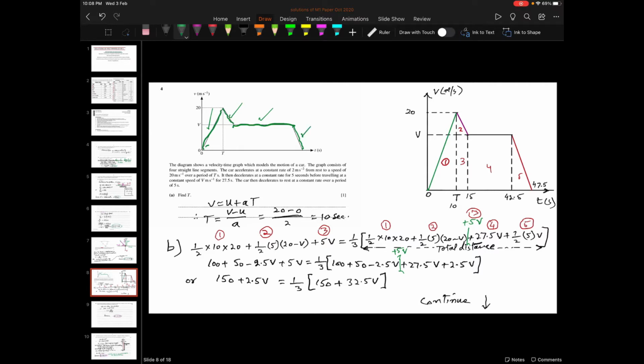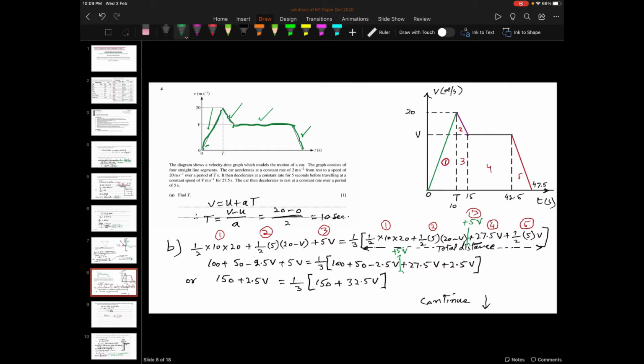A part. Find t, the time during which the car is accelerating. In order to find the value of t, we should use v is equal to u plus at. u is 0, v is 20, a is given as 2 meters per second squared, then t should be equal to v minus u upon a from the above equation.